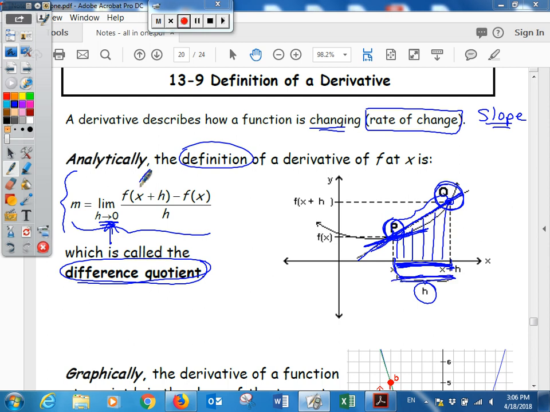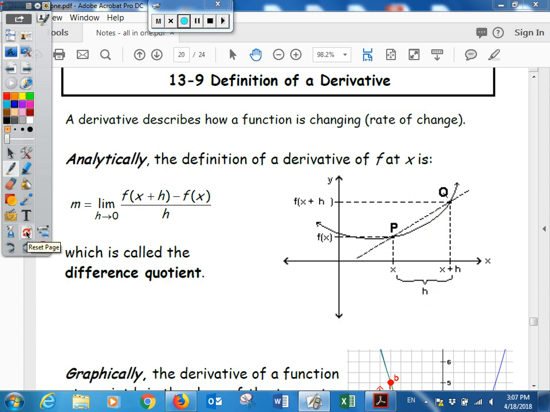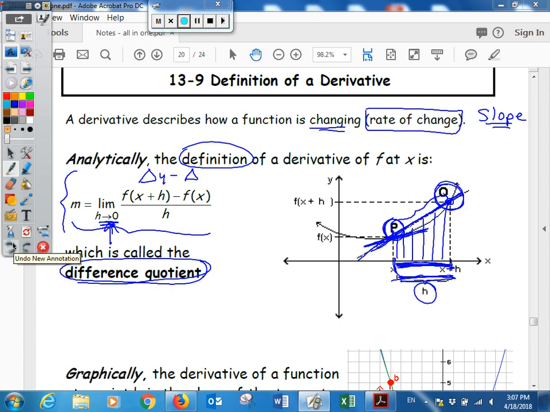What we have is delta y over delta x. And so that's your slope formula.